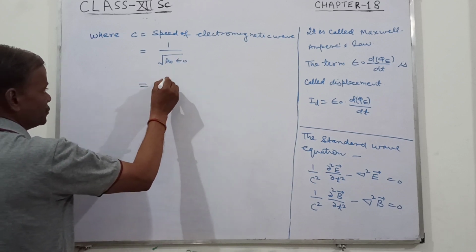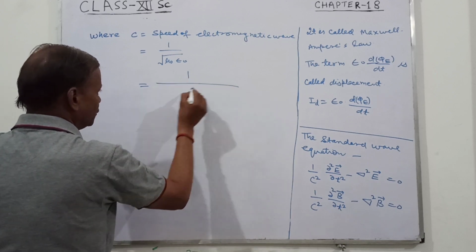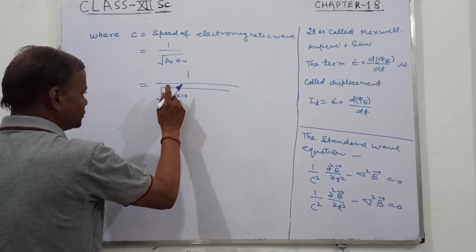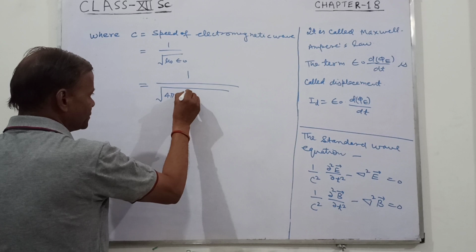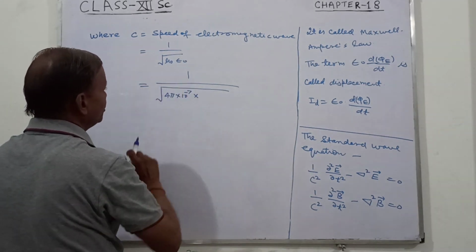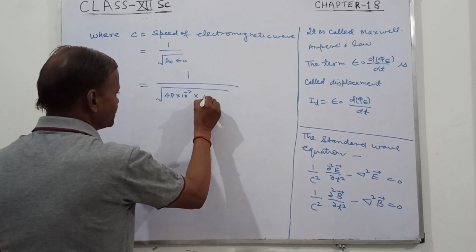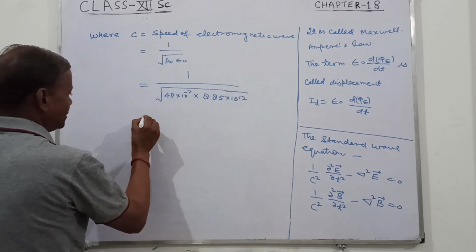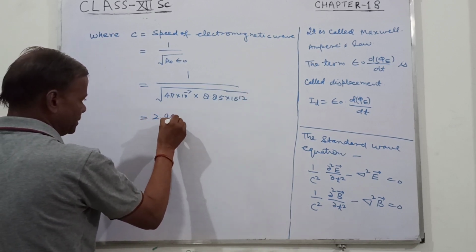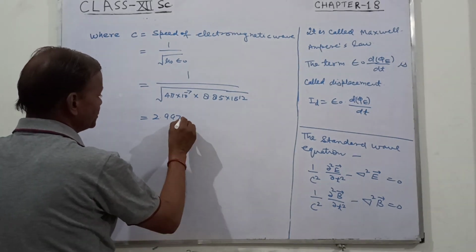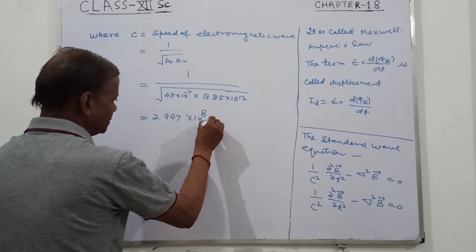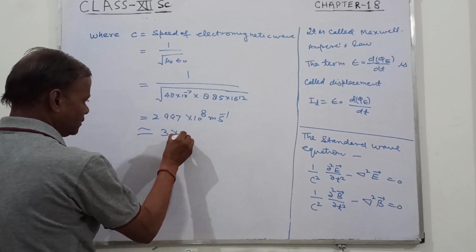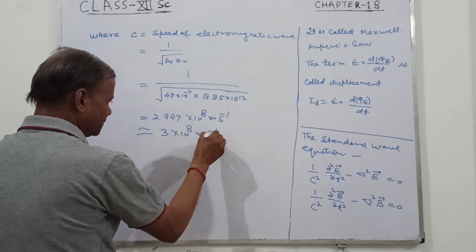If you put these values, mu naught equal to 4 pi into 10 raised to the power minus 7, and epsilon naught equal to 8.85 into 10 raised to the power minus 12, and solve it, then this is 2.997 into 10 raised to the power 8 meter per second, or 3 into 10 raised to the power 8 meter per second.